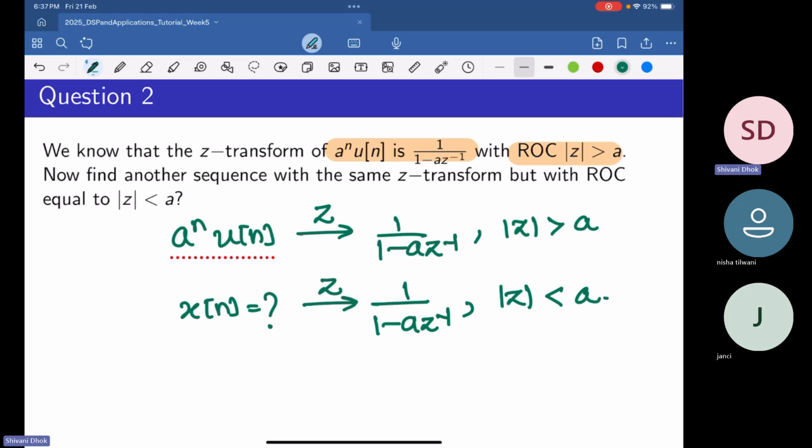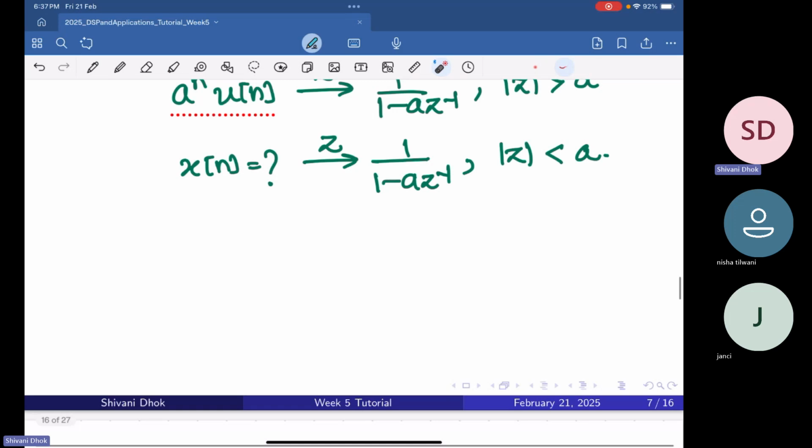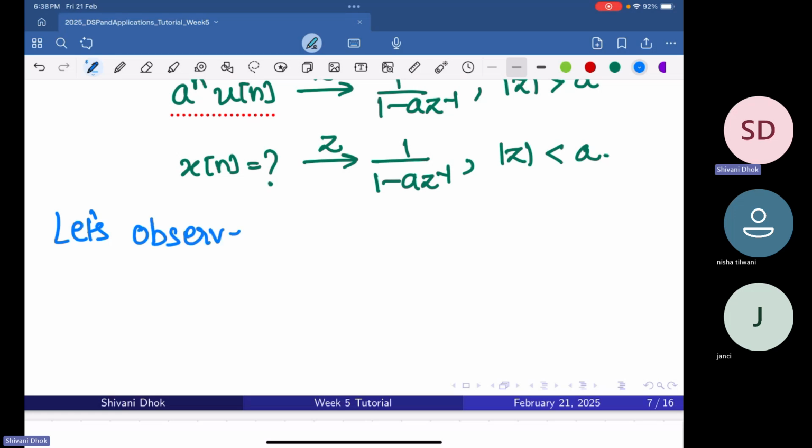So in order to find that, let us look at this particular series. Yeah. So what we'll do is let us observe 1 upon 1 minus A Z inverse when magnitude of Z is less than A.